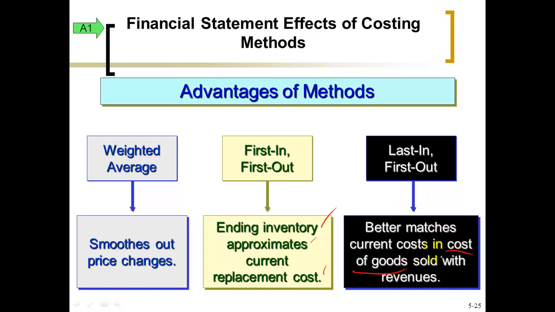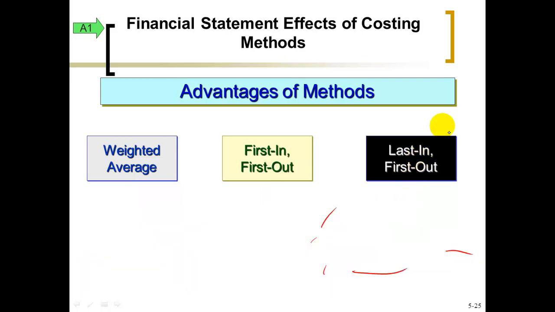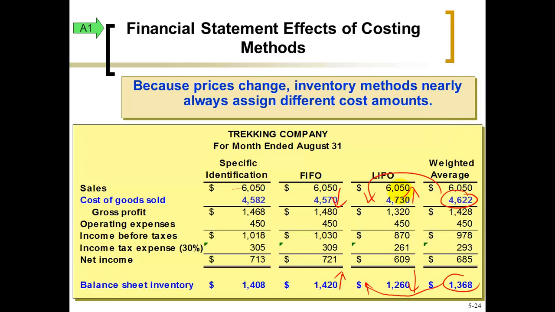Also, because the cost of goods sold during inflation under LIFO is bigger, your profit is going to be smaller and you're going to pay less taxes, at least temporarily. So a lot of big companies, even though it may not be as logical as the regular FIFO flow of costs, would keep track of costs with LIFO just to save taxes.